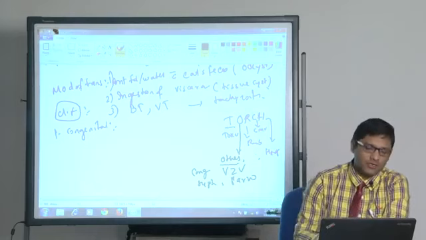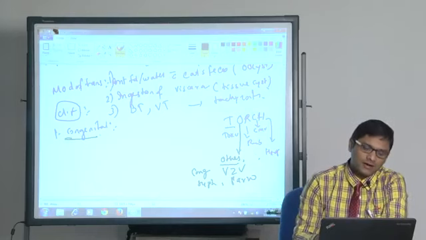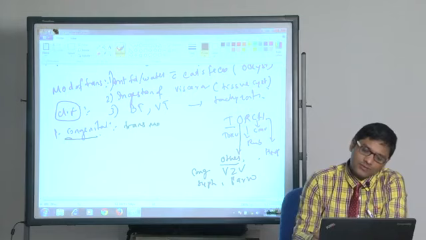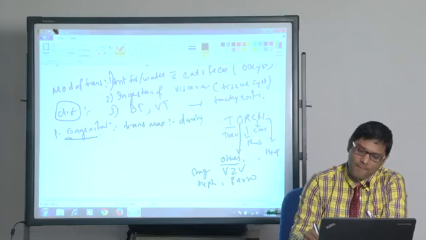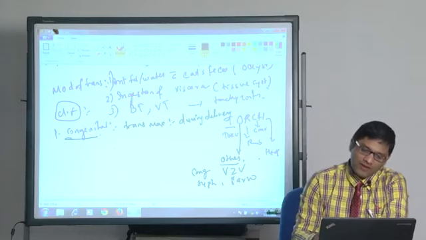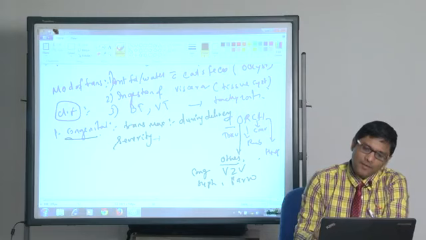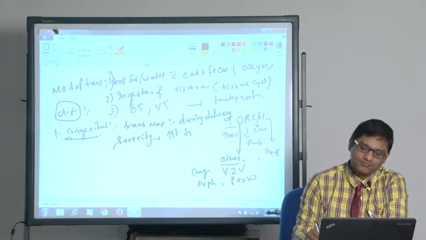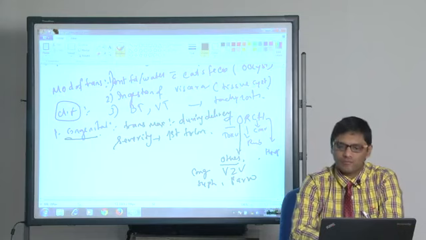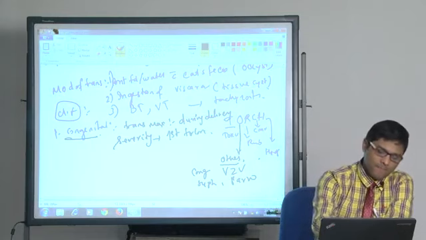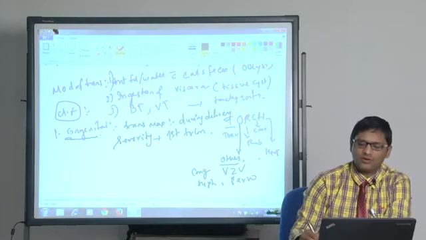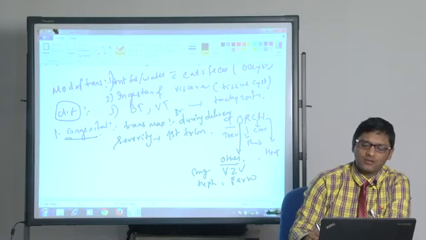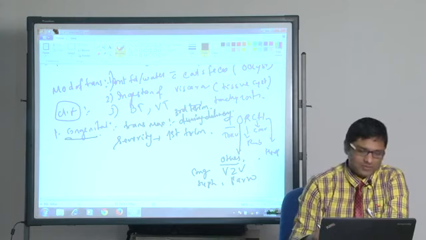So coming to congenital toxoplasmosis, they say that transmission is maximum during delivery, whereas severity is maximum in the first trimester. During delivery or the third trimester, the transmission is relatively maximum.